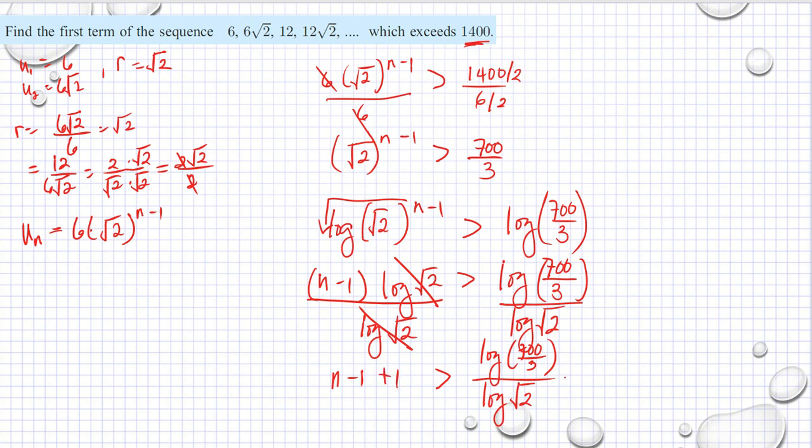Plus 1 there, plus 1. And then we have our n is equal to logarithm of 700 divided by 3 divided by logarithm of square root of 2, plus 1.